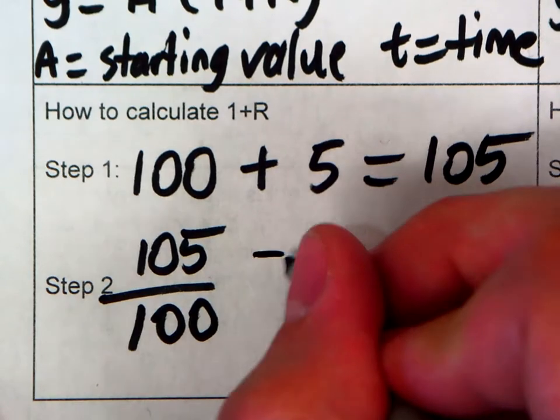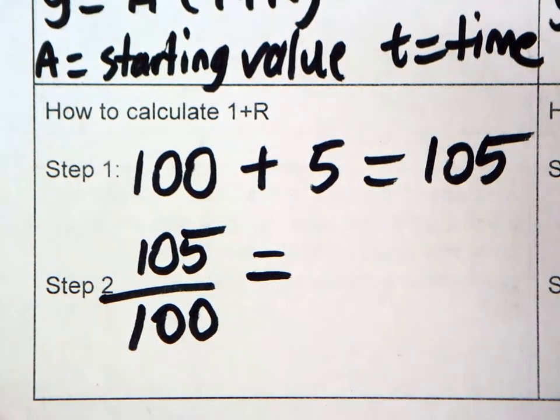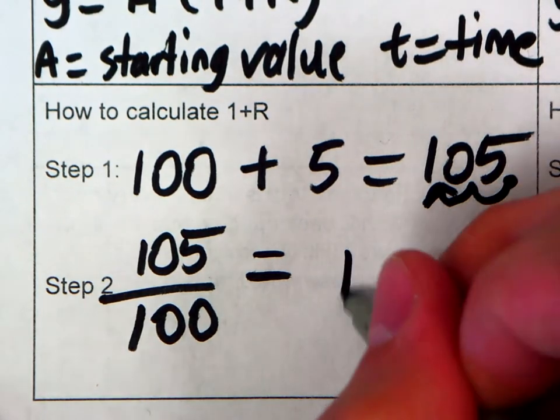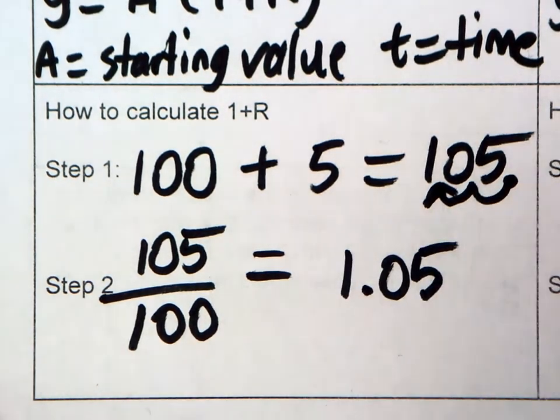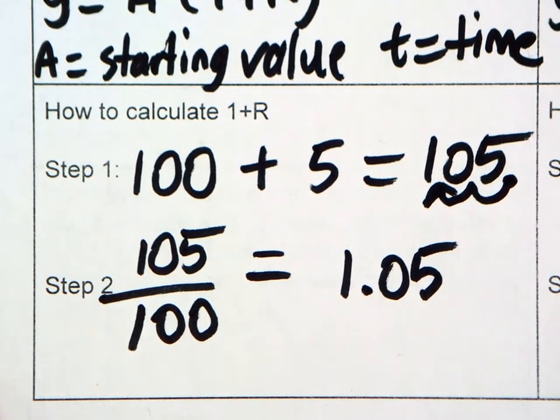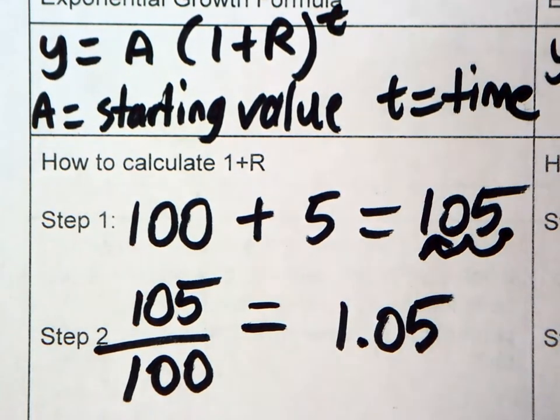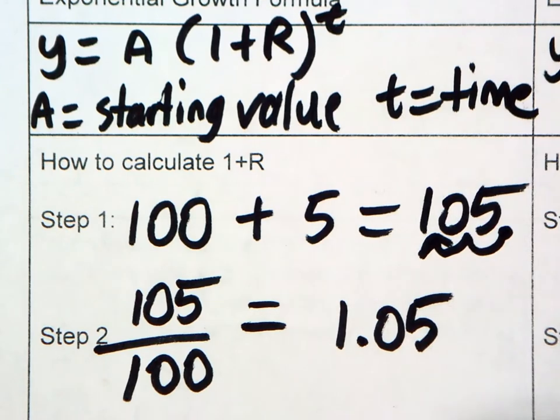This is a fancy way of just saying we move the decimal place left twice. And we end up with 1.05. So for a scenario that increased by 5%, our 1 plus r, the part that goes inside the parentheses, is 1.05. We take 100, we add 5, we move the decimal place.